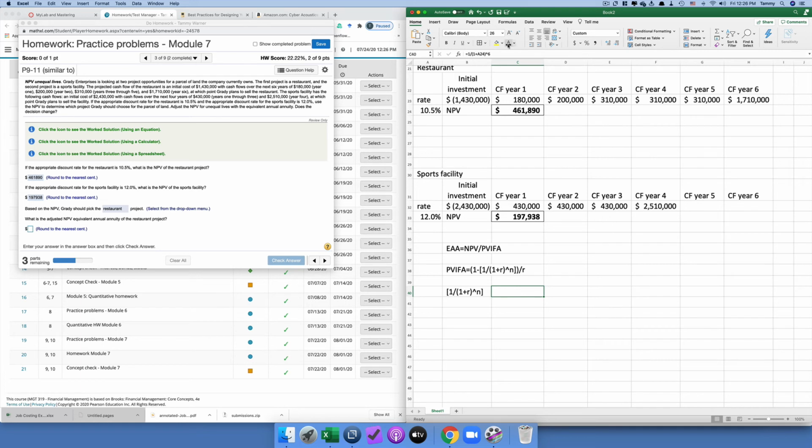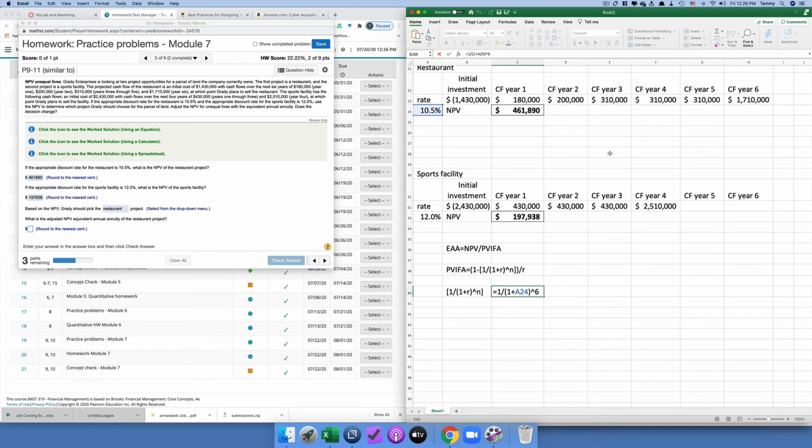For our restaurant example, if we put that formula into the cell, here it is: 1 over (1 plus 10.5%) to the n, where n is 6, because this is a 6-year cash flow.